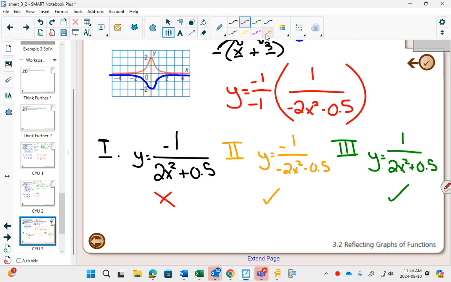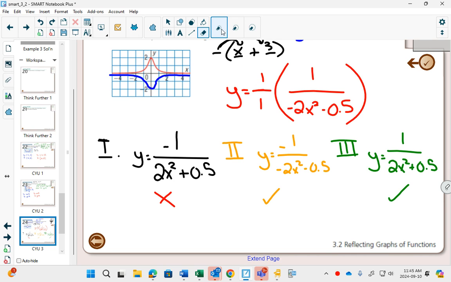So if you did the complete distribution, the top and the bottom, you were actually multiplying by a -1 on the top and a -1 on the bottom, which makes it positive. So we can see that the orange one is right if you thought of having the -1 on the top. That would keep the bottom the same and change the top to a negative, making the orange one correct.